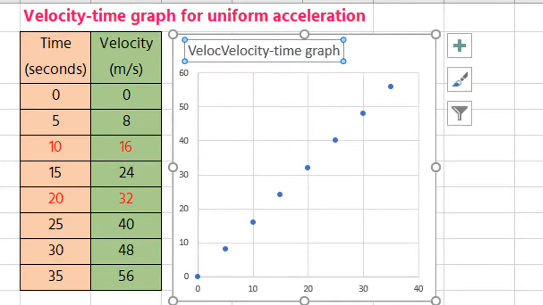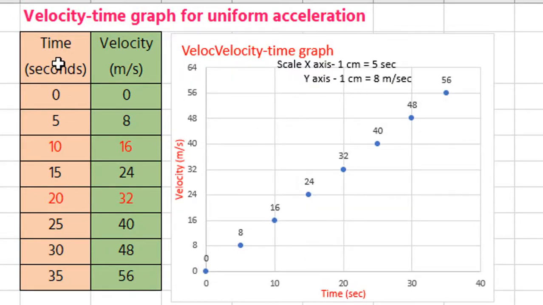Now by this table we have drawn the points 0, 0, 5, 8, 10, 16 like this. That means that train is moving with uniform acceleration from 0 up to 56, which is the velocity of that train.